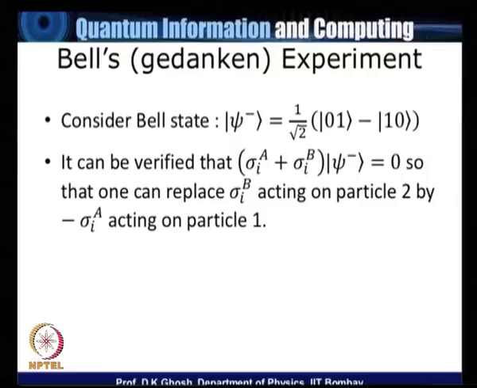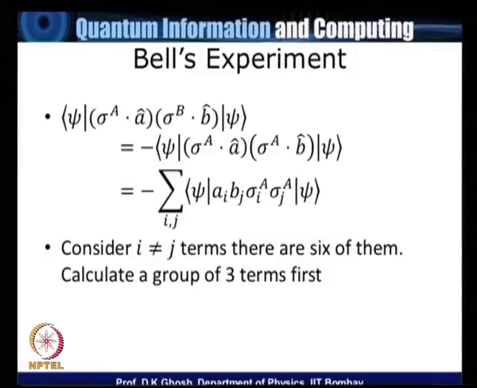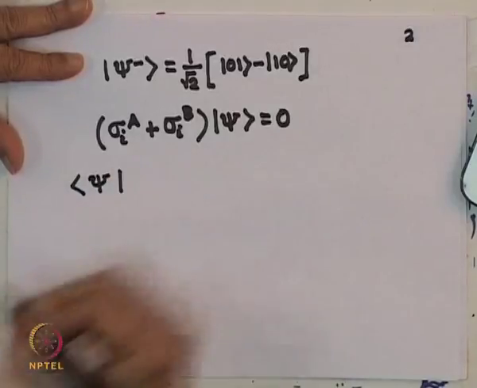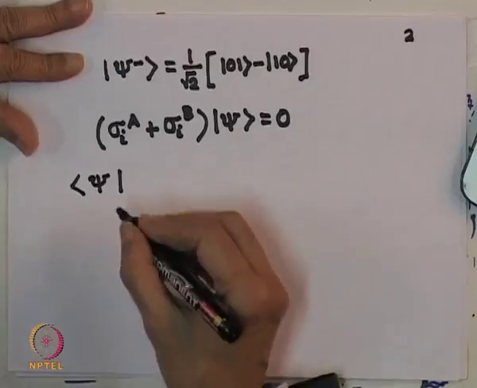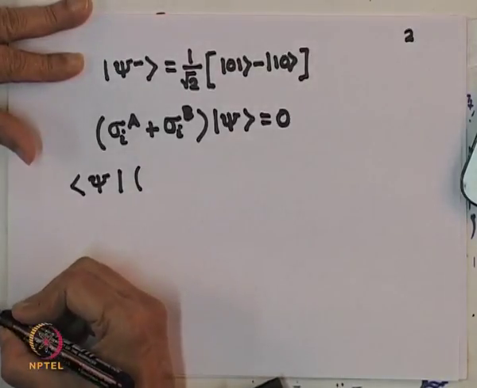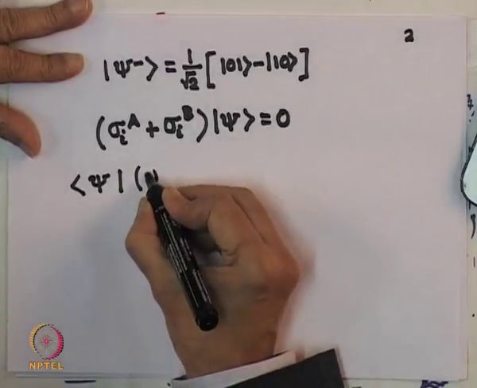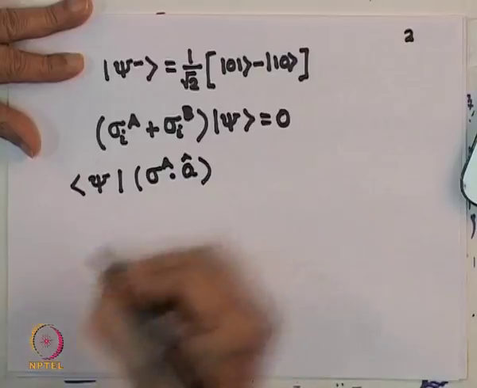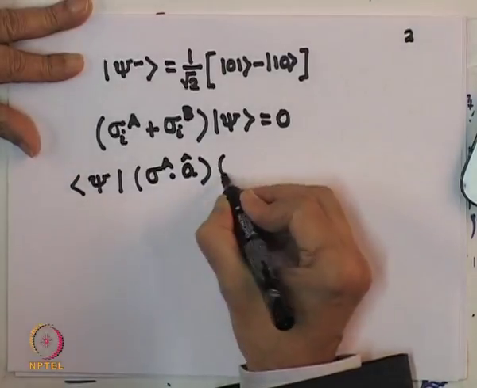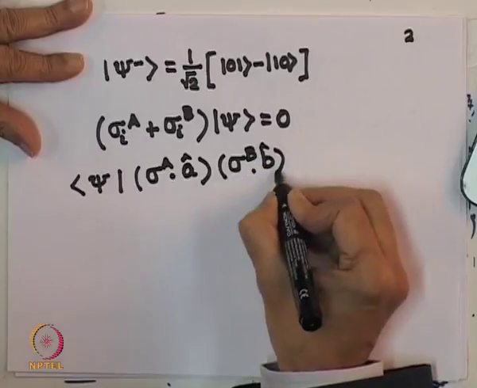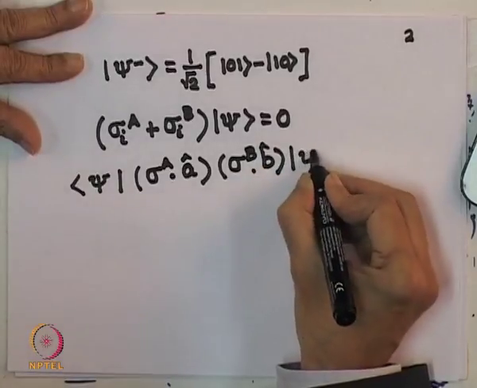Now let us look at this quantity. So we are looking at what is the expectation value of psi in the state psi, if Alice is to make her measurement along an arbitrary direction A, let us call it sigma dot A, where A is the unit vector, and Bob is to make his measurement along a unit vector direction B. What is this quantity?